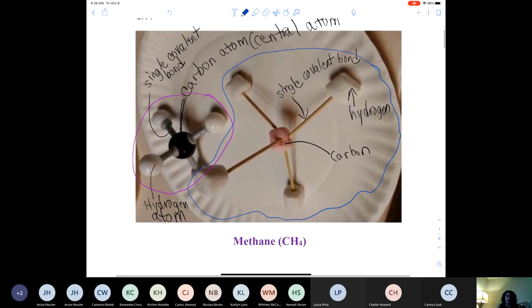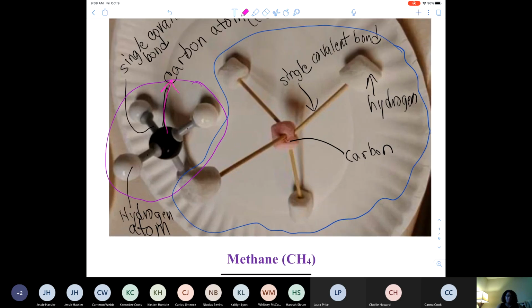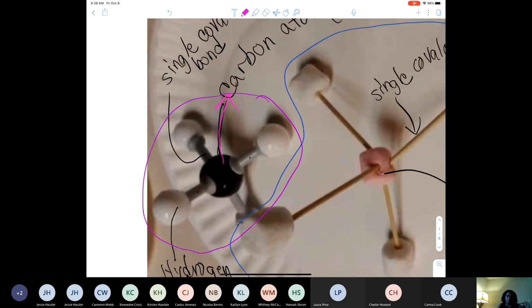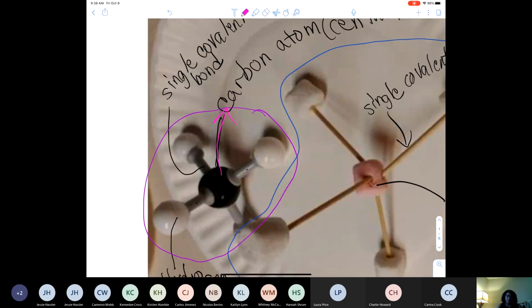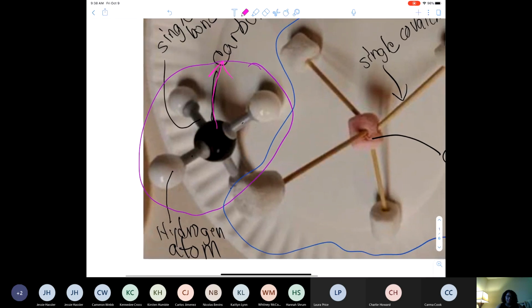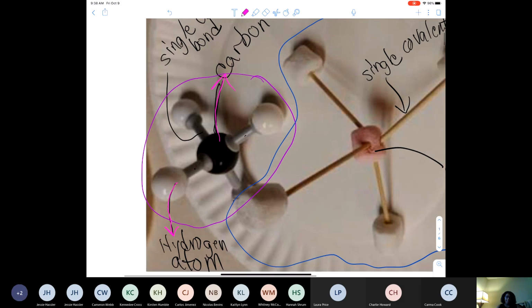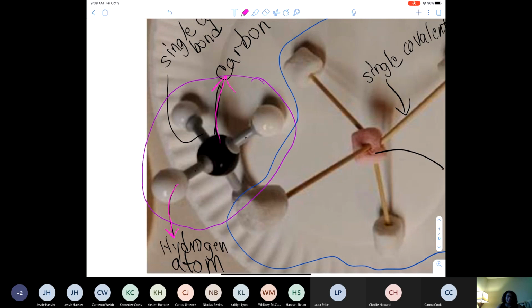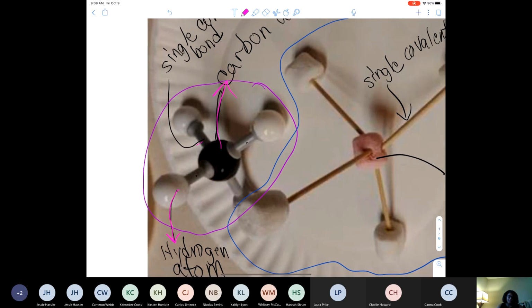Looking at the ball and stick model, the black sphere is our carbon atom. The 4 white spheres represent our 4 hydrogen atoms. And then you have the 4 sticks. Those are representing your 4 single bonds.